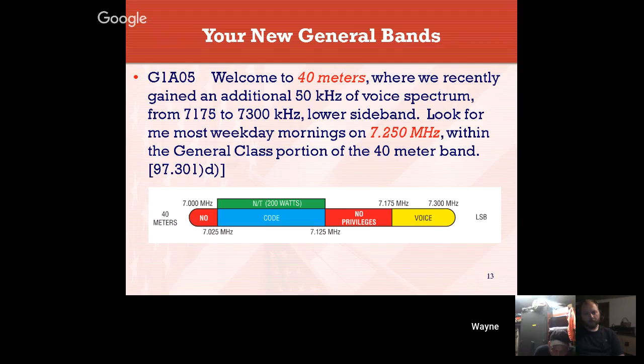And you can see that from 7125 to 7175, there are no privileges for the general class licensee. Again, that's one of those segments reserved for the next higher class license. That's where all the DX hangs out. That's where you have fewer broadcast stations from the shortwave folks on the other side of the big pond.